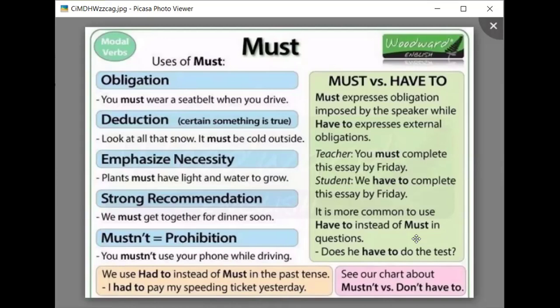We do not keep the helping verb have before the subject. According to subject, we would use do, does, or did. So, does he have to do the test? Remember here we used extra helping verbs do and does. So you won't use must. You can't say must he have to.